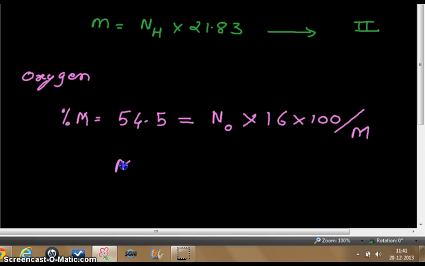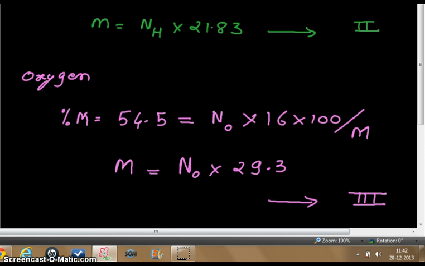So molar mass is equal to number of oxygen atoms into 29.3, and this equation we will call equation number 3.